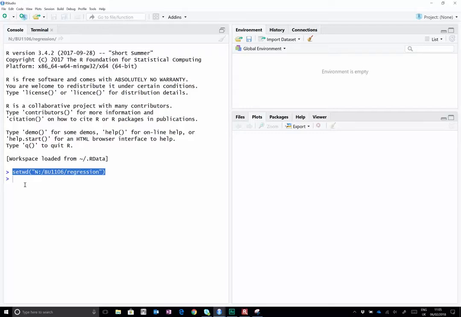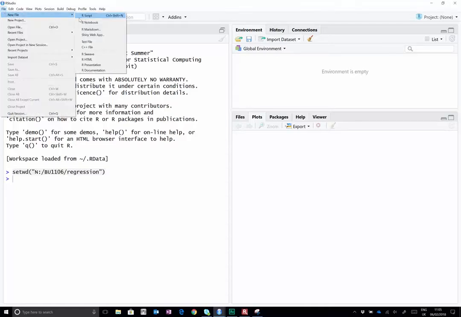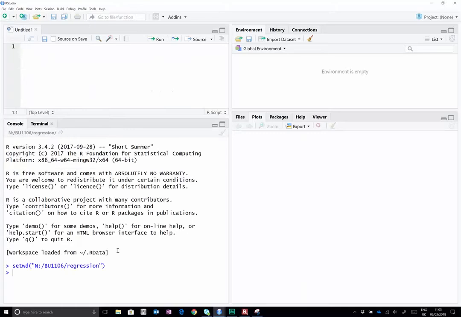Now, something I mentioned in the past is that usually we want the things we do to be reproducible. I might want to run the same commands again another time, so it's usually a good idea to put them all into a script file.